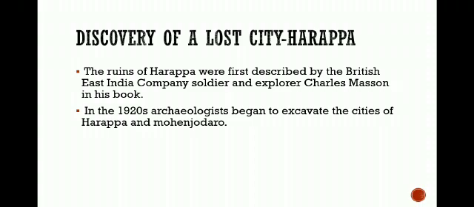He concluded that they were part of a large civilization. There are some slight differences found between Harappa and Mohenjo-daro. This made the researchers conclude that Harappa was older than Mohenjo-daro.